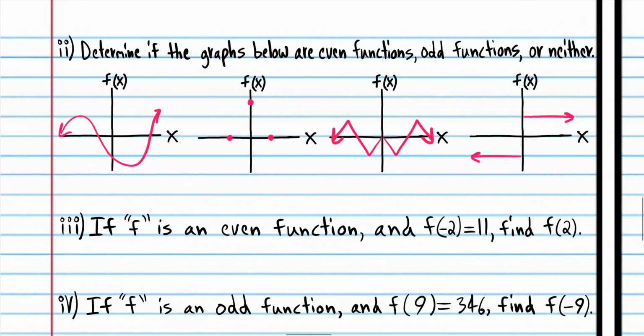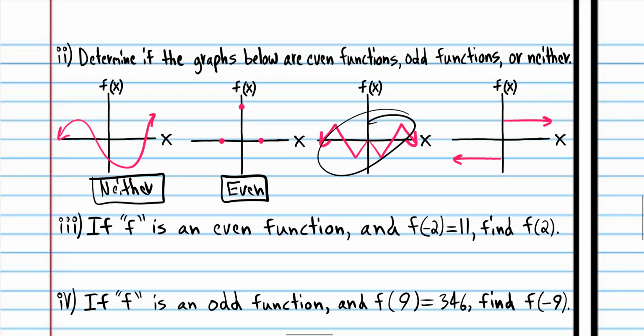Okay, we're back. So if a function is even, that means it's symmetric about the y-axis. If it's odd, that means it's symmetric about the origin. So this graph is not symmetric about anything, so we can say that is neither. And this graph is symmetric about the y-axis, so it's an even function.